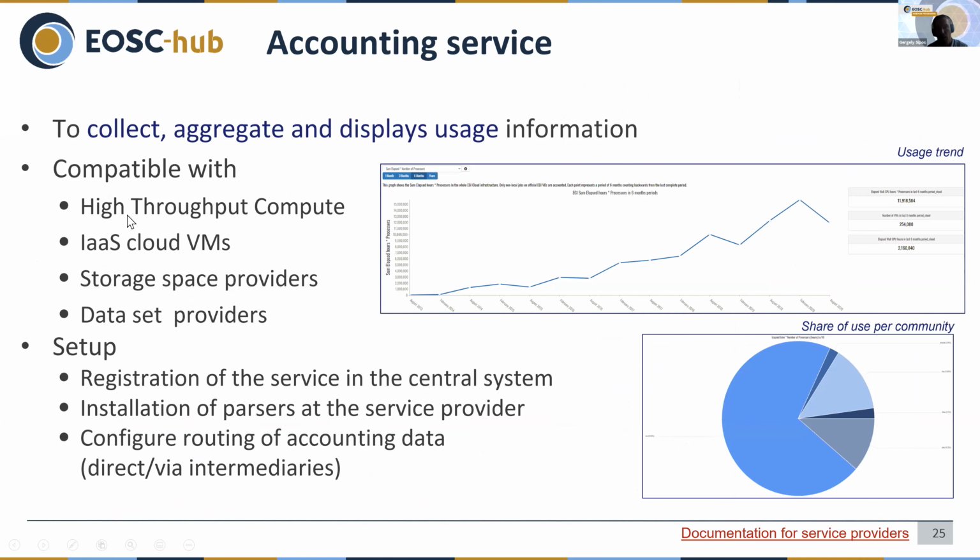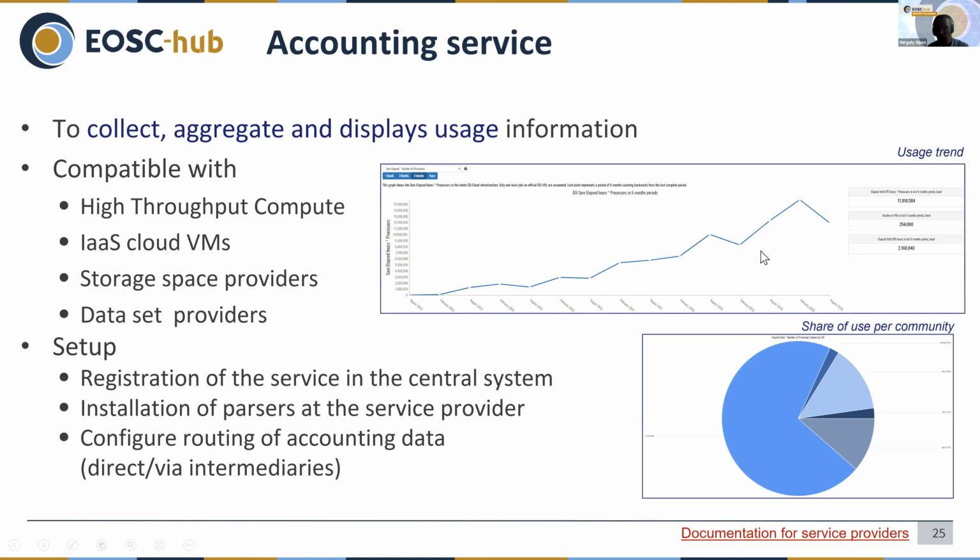It can measure the number of virtual machines that have been instantiated, the number of processors of those virtual machines, the capacity consumed by those virtual machines. It can measure the storage space that is provided by providers and the storage space used by dataset providers on those core resources.